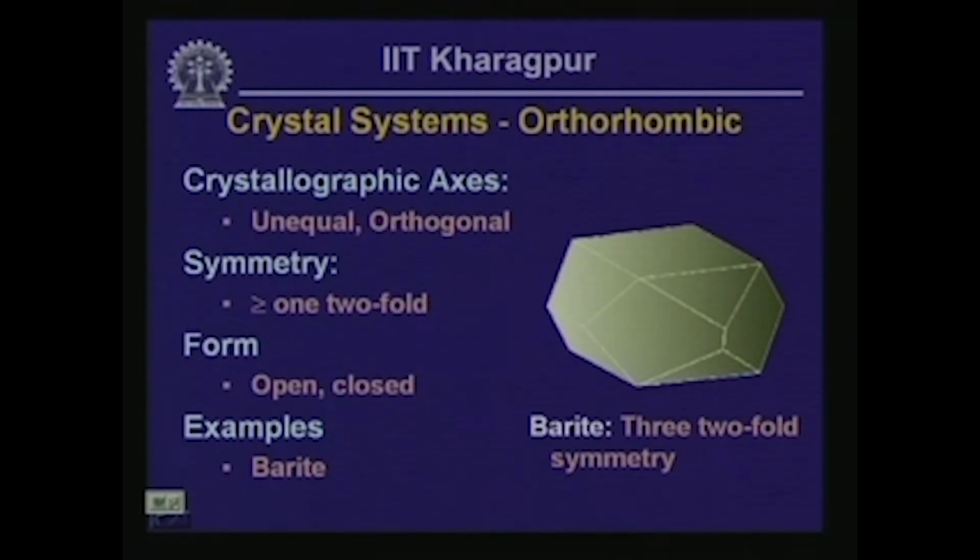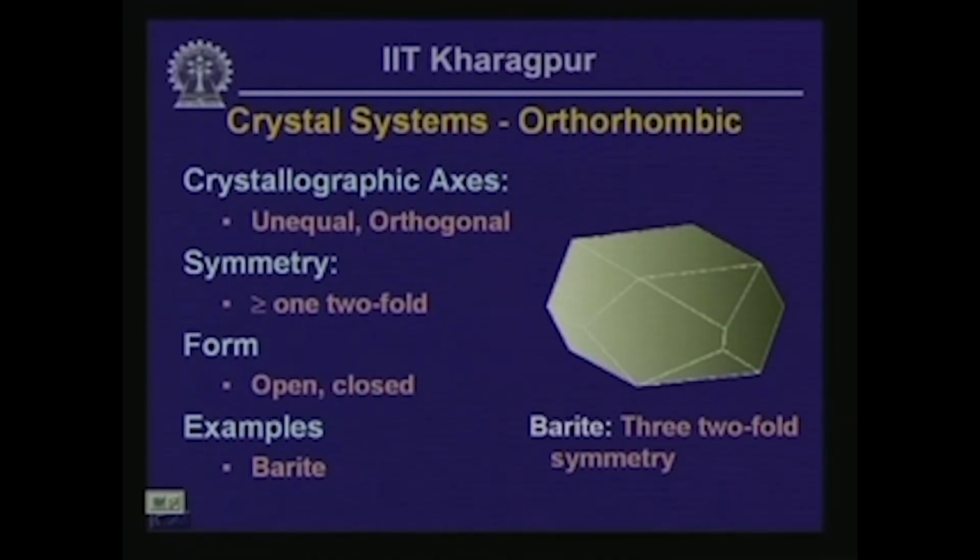One of the very common minerals that appears in this family is barite, and you have a schematic of a barite crystal on the right hand side of this particular slide. Barite has 3 two-fold symmetries, and you can see that this meets the minimum requirement for its being classified as orthorhombic.